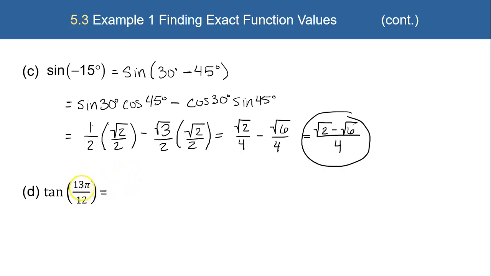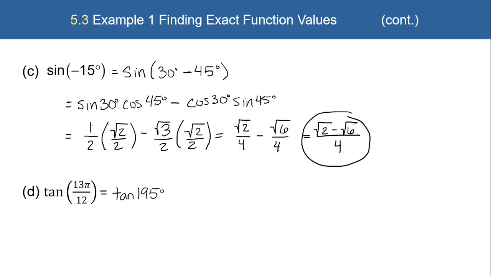So turning this radian measurement to a degree measurement, it would be 195 degrees. Now, 30 and 45 degrees and 60 degrees, the angle measurements that we know we have exact values for, no two of those angles will add up to 195.